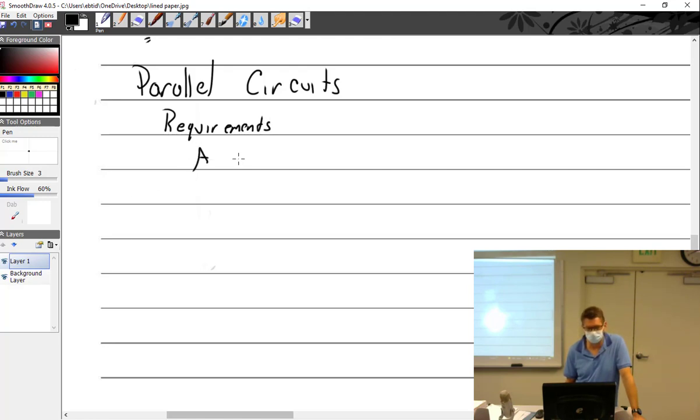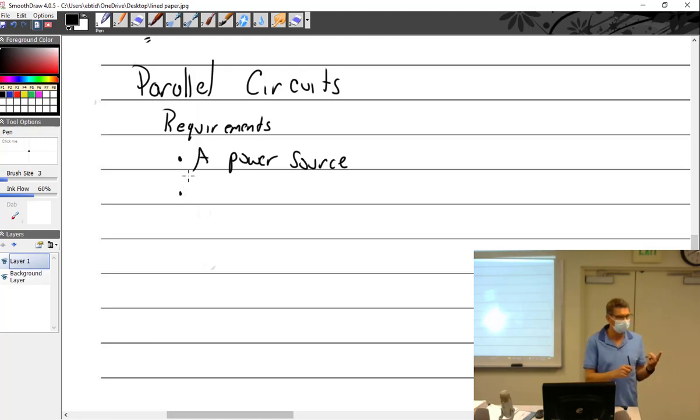Well, we need a power source. What is the power source in an aircraft? Battery. The engine. Okay, I've got the battery, generator. Generator can be engine driven, off the main engines, off an auxiliary power unit.